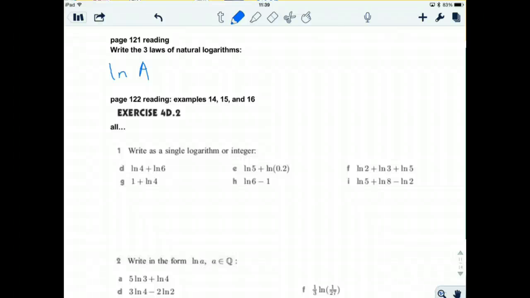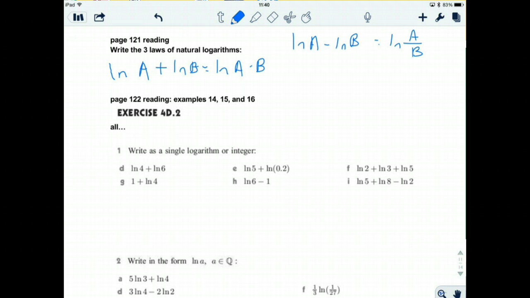Natural log we write with the letters ln, and the three laws of natural logarithms look pretty much like the laws of log base 10. So you have a log of a plus log of b, and that's equal to the log of a times b. And then you have the log of a minus the log of b is equal to the log of a divided by b.